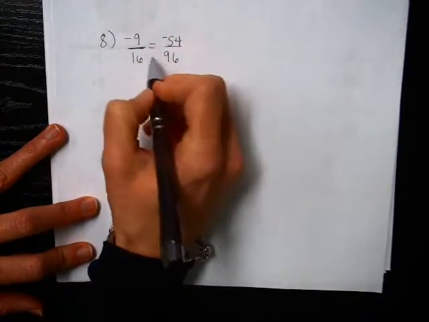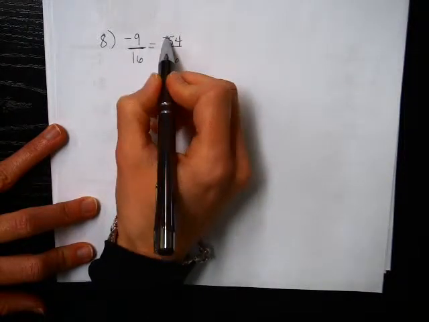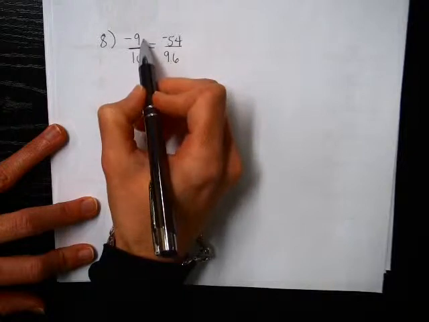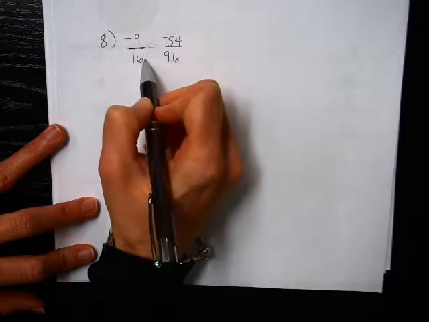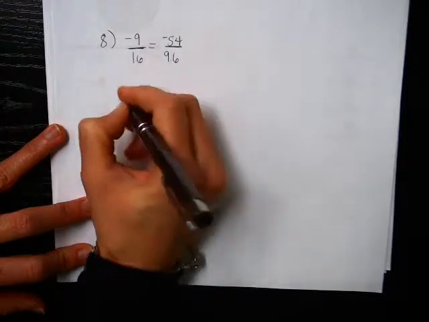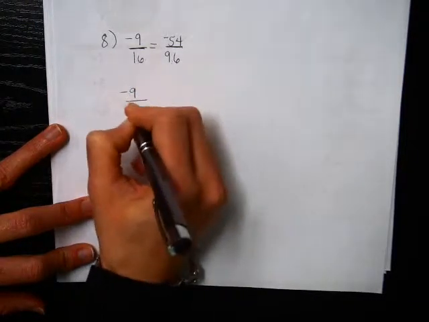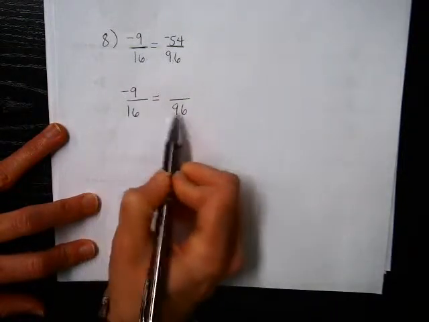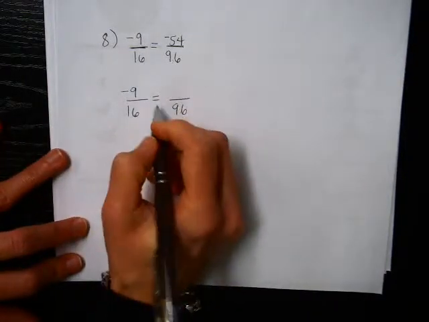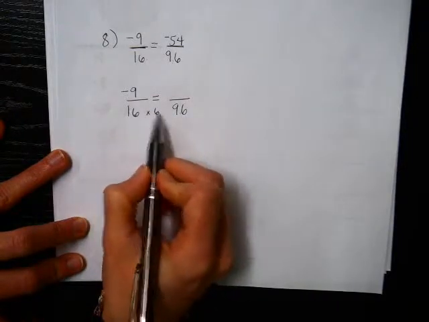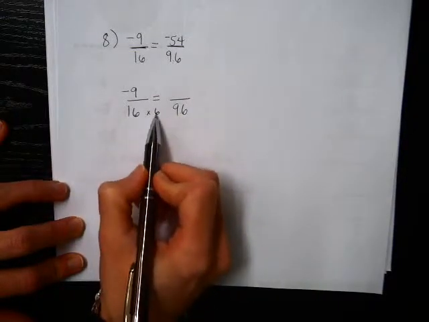Okay, but now let's think about why that works. For these two to be equivalent, that means that I had to multiply the top and the bottom of this fraction by the same number in order to get this equivalent fraction. So when I am working this and I'm saying 16 goes into 96 6 times, I'm really just trying to figure out, okay, 16 times what gave me 96? Well, that would be 6.